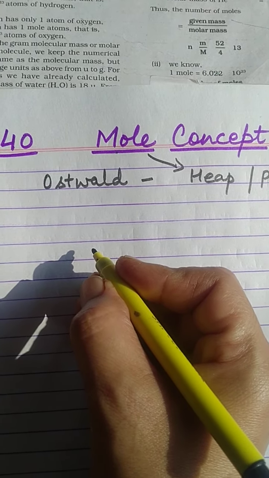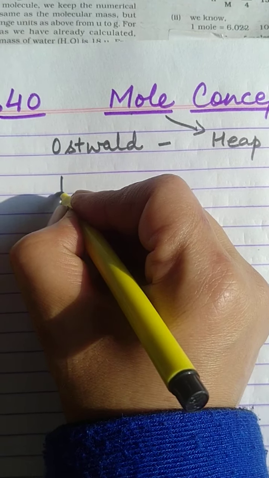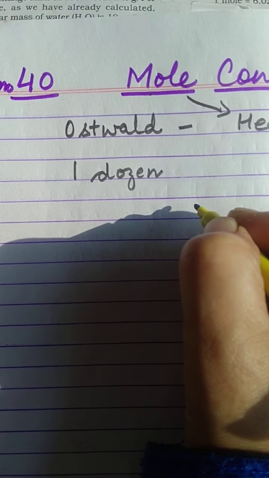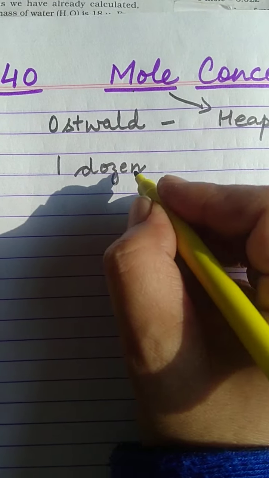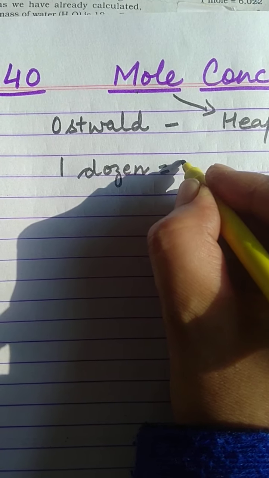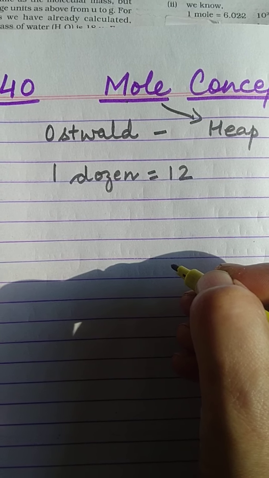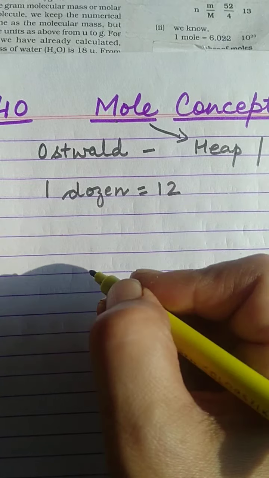Like when we go to a vegetable vendor and tell him, give me 1 dozen bananas, he will count and give you 12 bananas. 1 dozen is equal to 12.